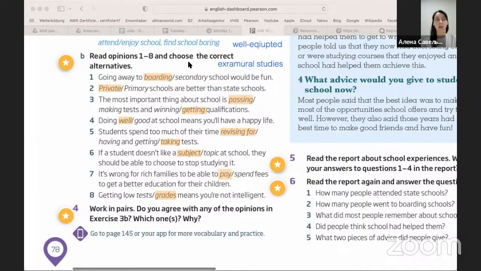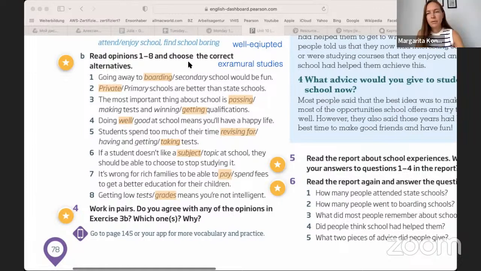But when I studied at college, it was full-time studies.